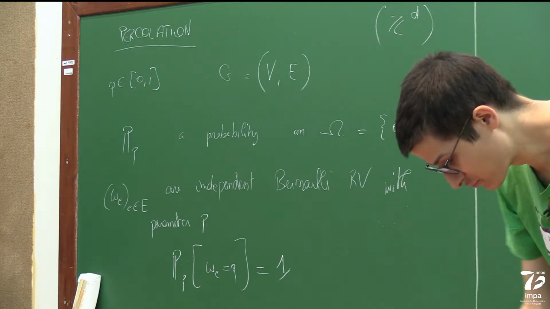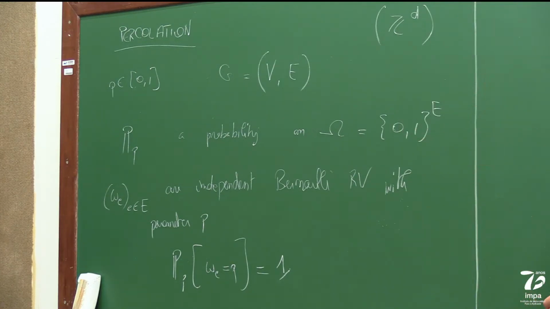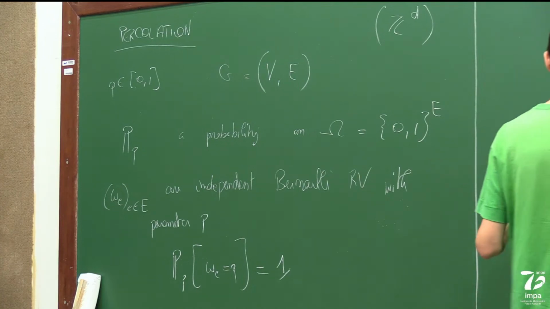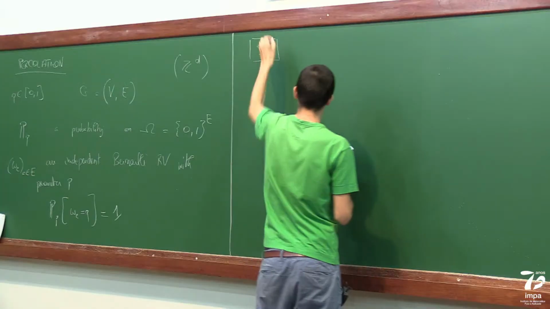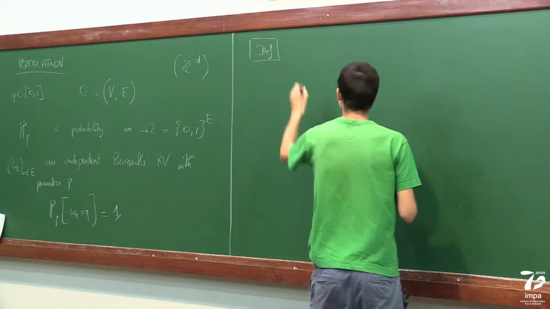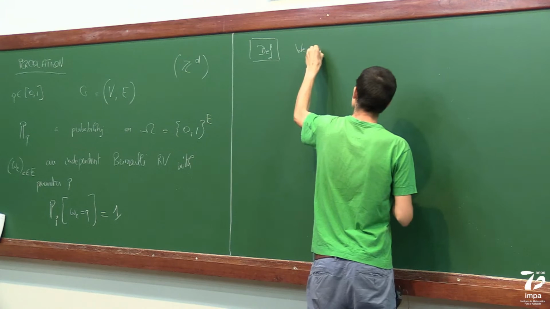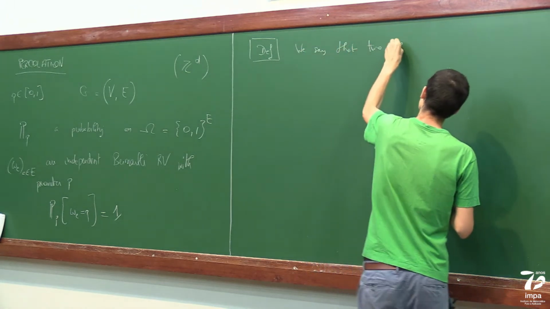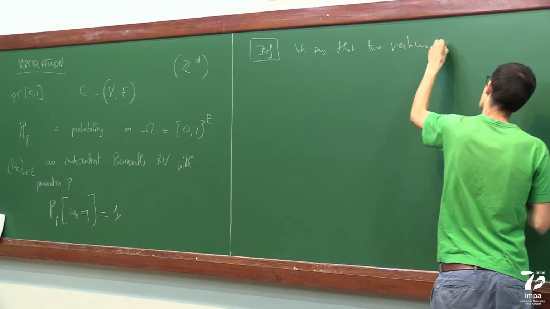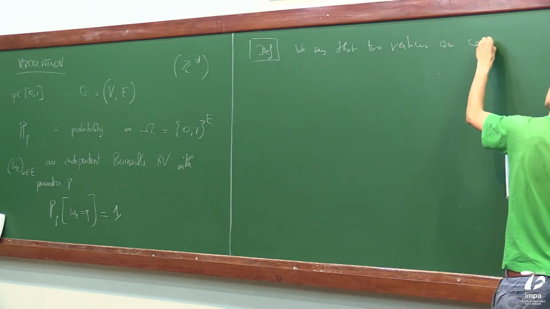Okay, so now let me introduce a few basic definitions. We say that two vertices are connected.